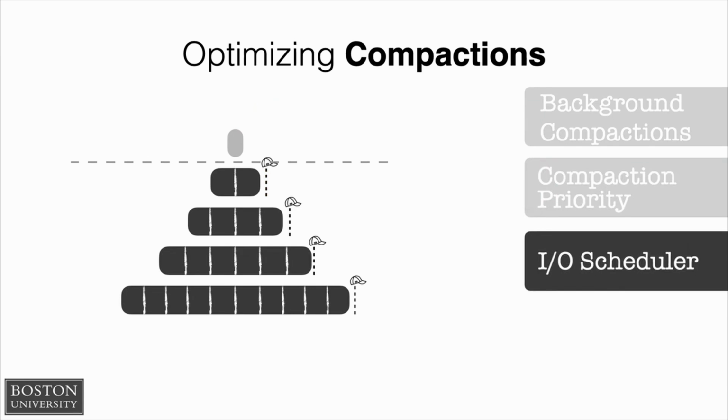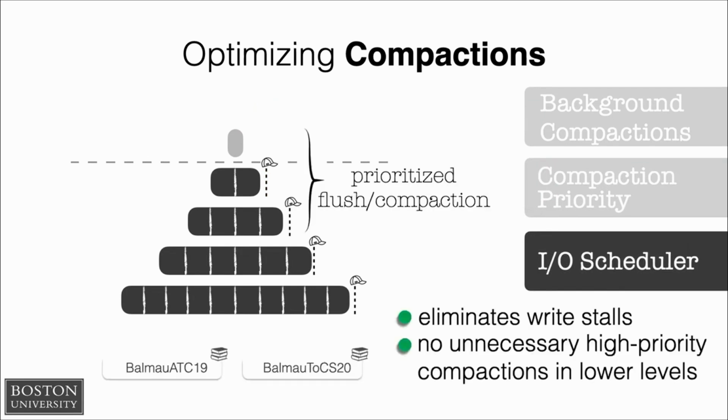And third, we have an IO scheduler. This work was proposed by Balmau et al. The idea was that instead of allowing the different operations of the LSM to use the bandwidth as they want, they had an IO scheduler that partitioned the device bandwidth and assigned different parts of the bandwidth to ingestions to the database, flushes from the memtable, and compaction.